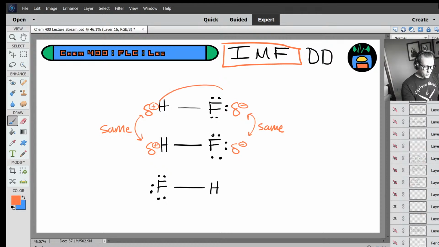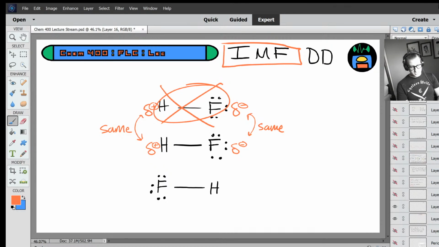All right, HF will never approach another HF in this direction. It will approach so that the delta plus on one hydrogen lines up with the delta minus on the fluorine, and the delta minus on the one fluorine lines up with the delta plus on the other hydrogen. All right.